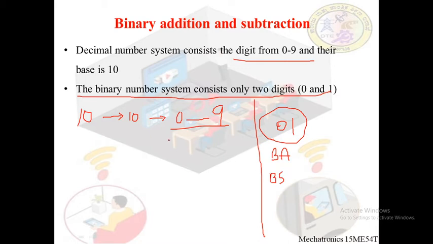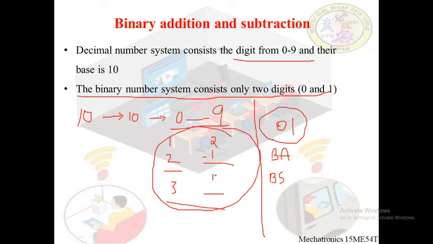In the decimal system it is very easy: 1 plus 2 is 3, or 2 minus 1 is 1. It is very simple, done using normal arithmetic laws. Here we have a special set of rules and various methods to perform binary addition and binary subtraction, which we will learn in today's class.